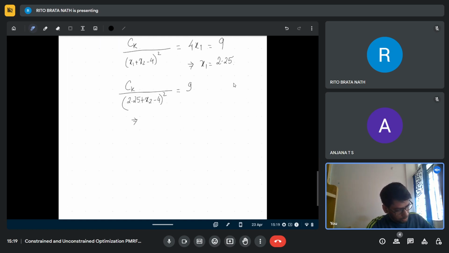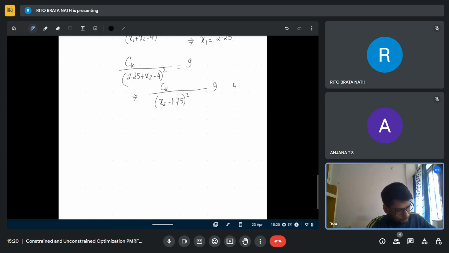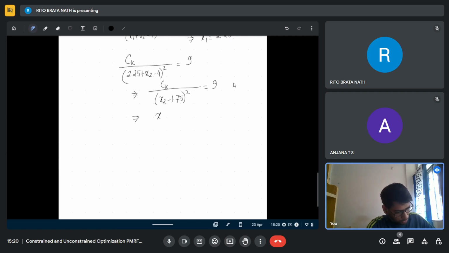Then this is ck divided by x2 minus 1.75 whole square equals 9, or you get it as x2 minus 1.75 whole square equals ck by 9.